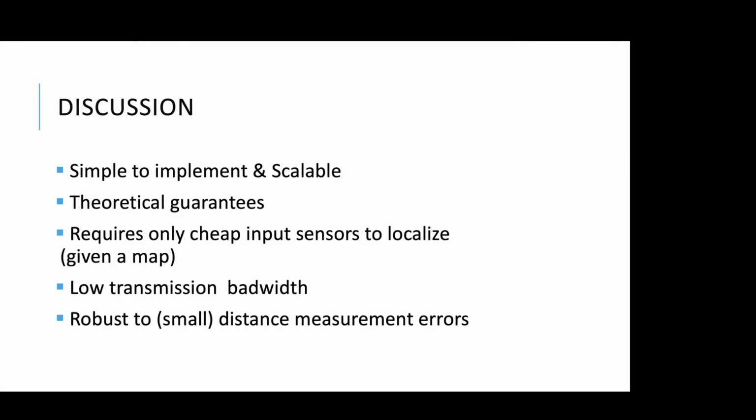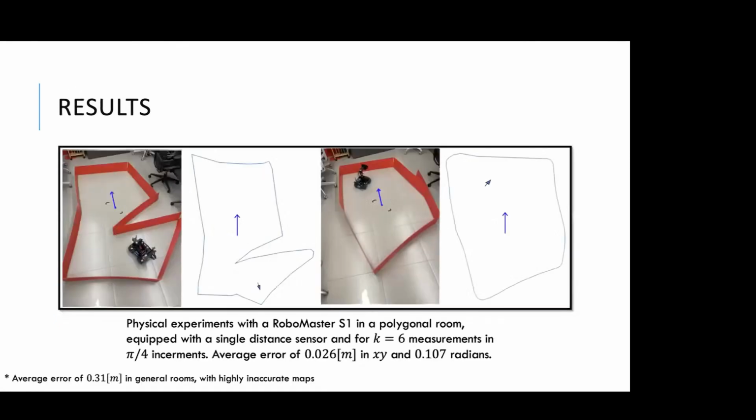Oh, sorry, yes. You chose the number of measurements to be 6. Why did you choose that? Well, the more you take, the fewer the number of options.